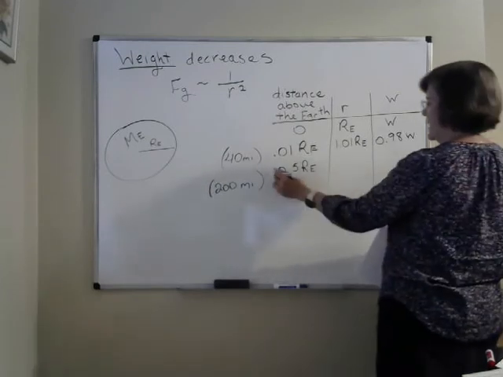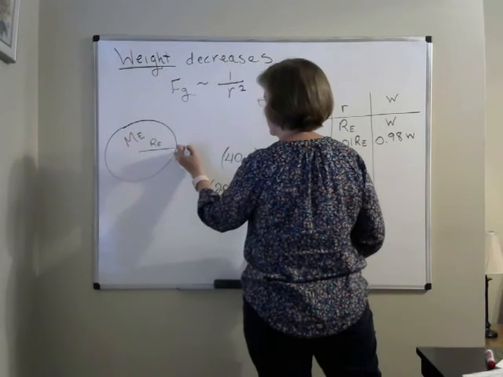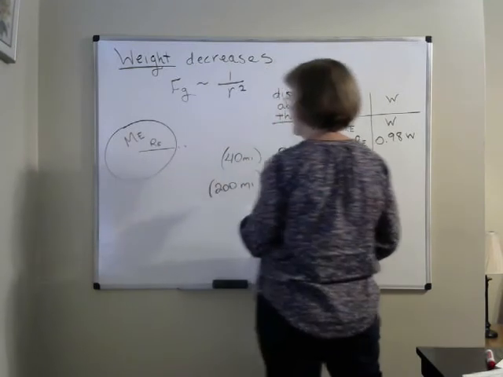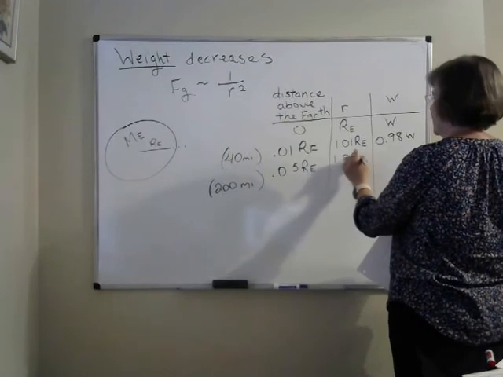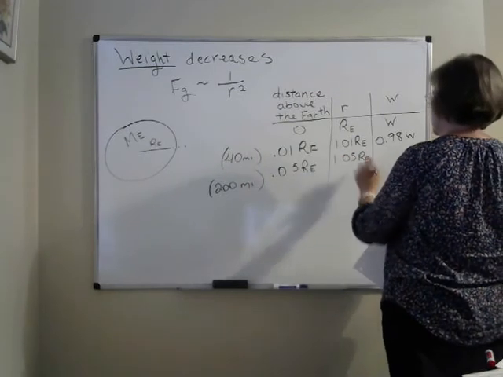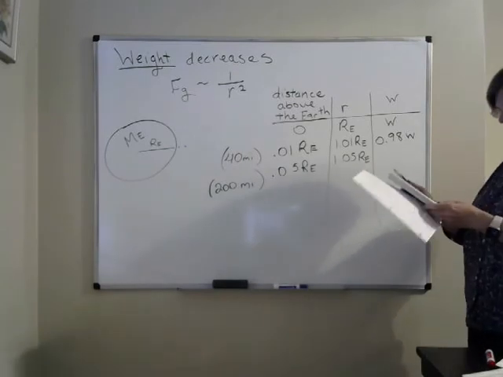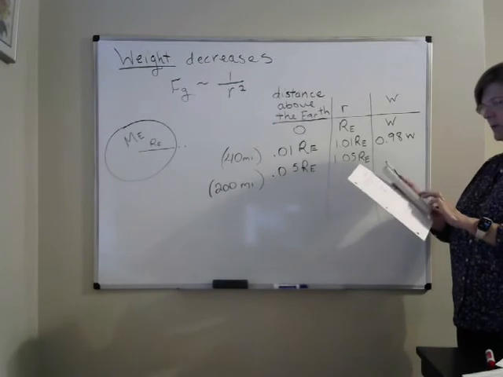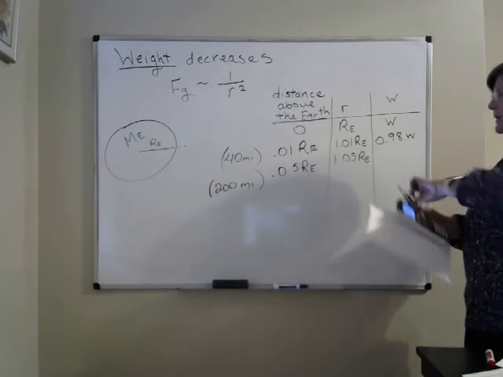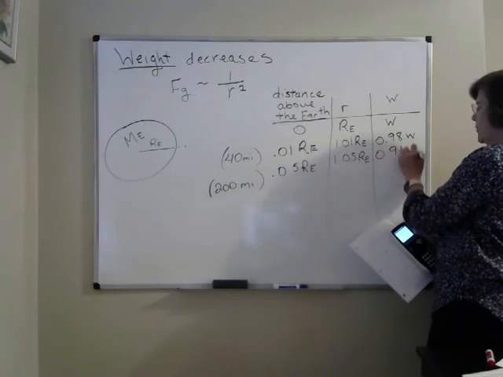This distance now has, and I should draw a picture. So this is just barely being above surface, and here's the International Space Station. It's out there a little farther. That's going to be 1.05 Earth radiuses. So if I do 1 over, I have to square that, 1 divided by 1.05 squared, they get about 91% of their weight.